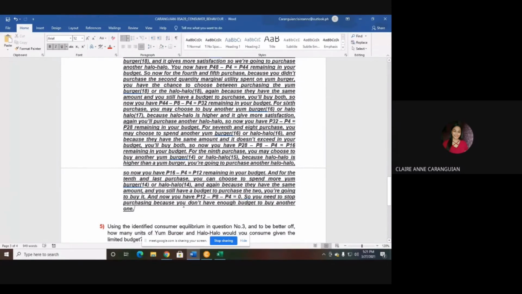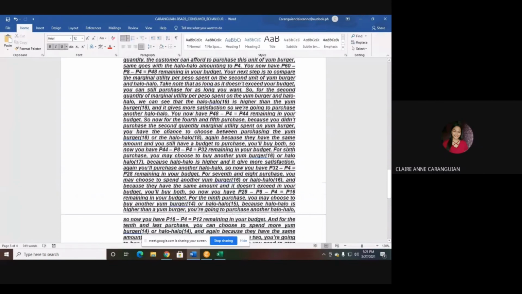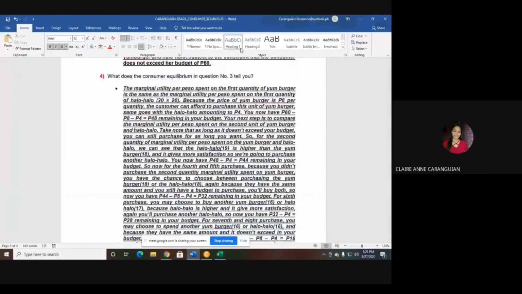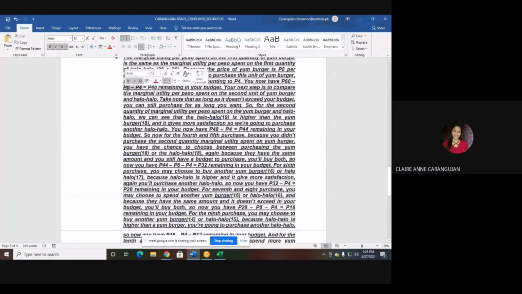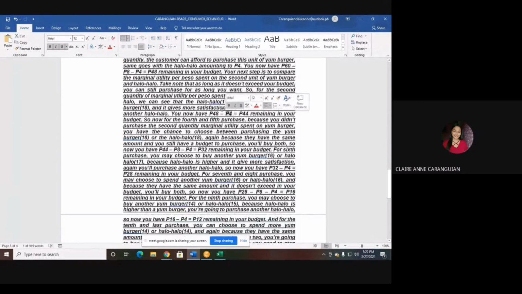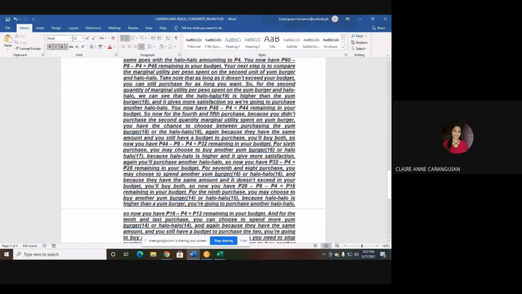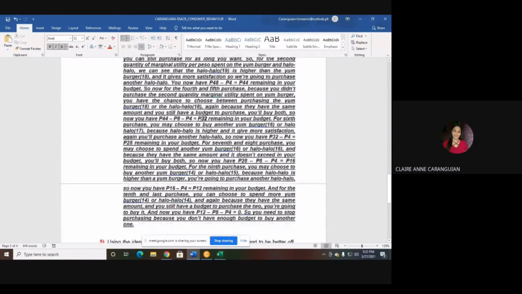Okay, total lang natin. Sa first, we buy isang burger and isang halo-halo. Next, naging 48 yung pera natin. Next naman, bumili tayo ng halo-halo. Next, bumili tayo ng burger and halo-halo. And last, mayroon tayong 32. Less na naman tayo ng halo-halo.